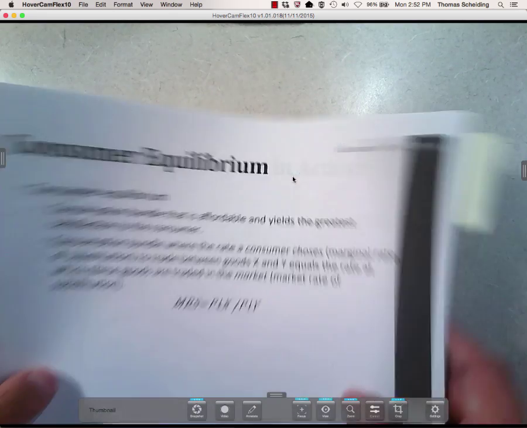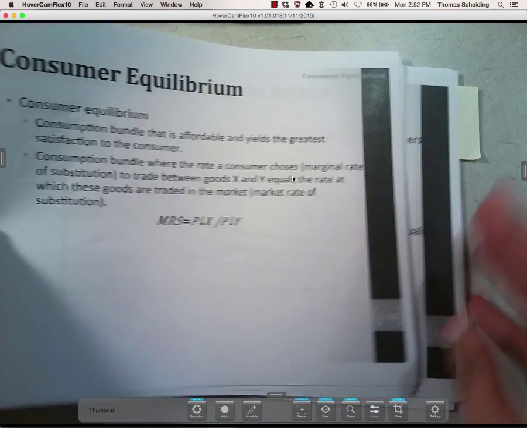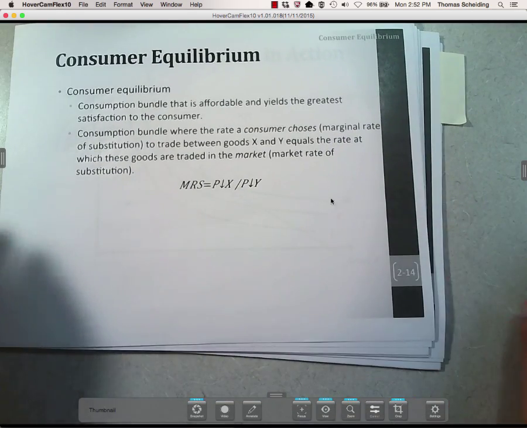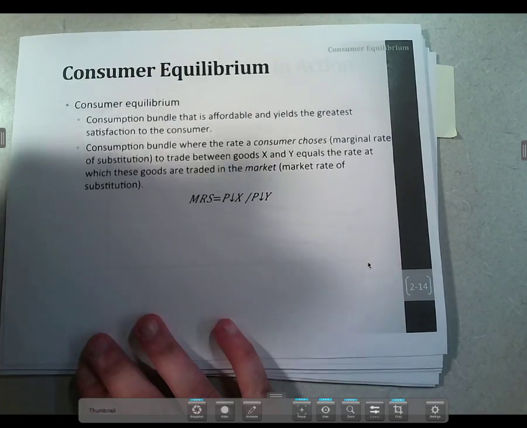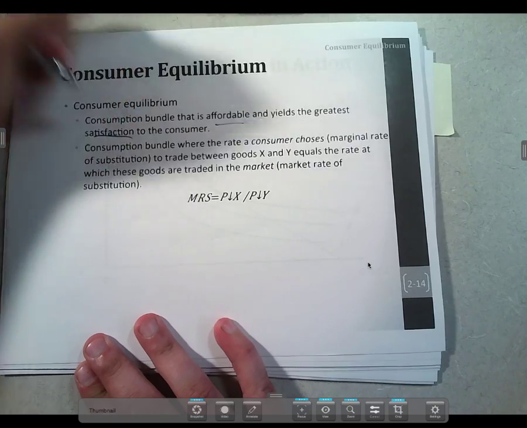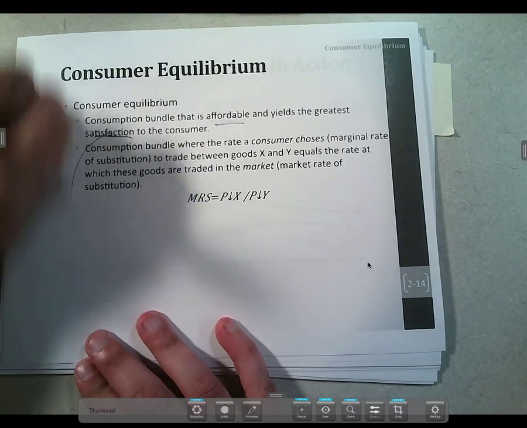That the consumer equilibrium here is going to look like my point where the points are affordable and they maximize my happiness. Here's another way to say it.